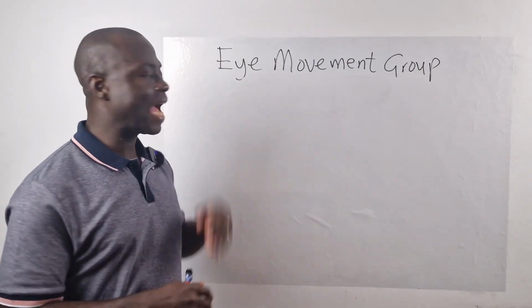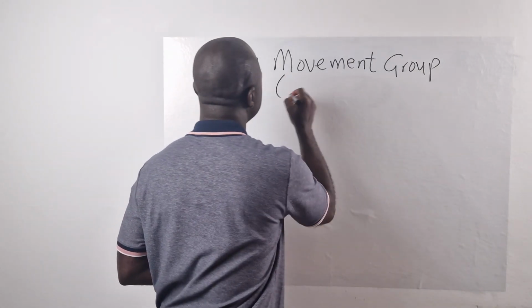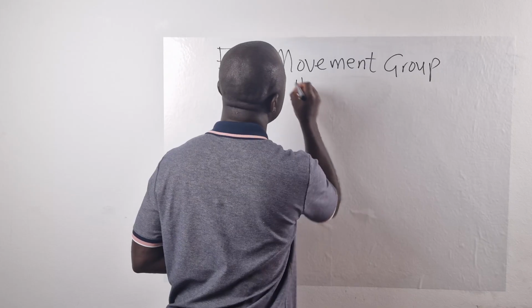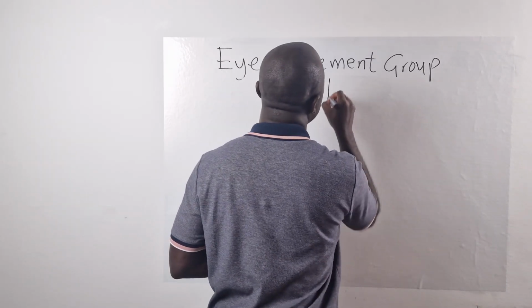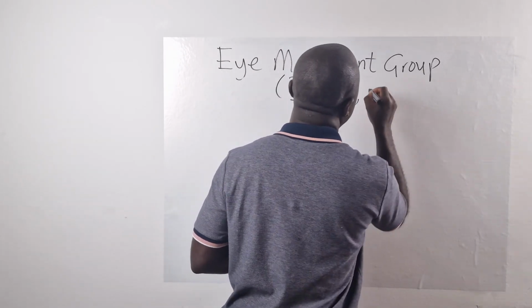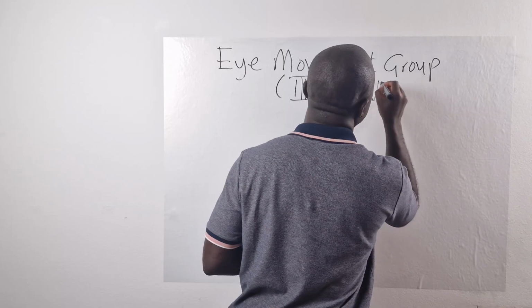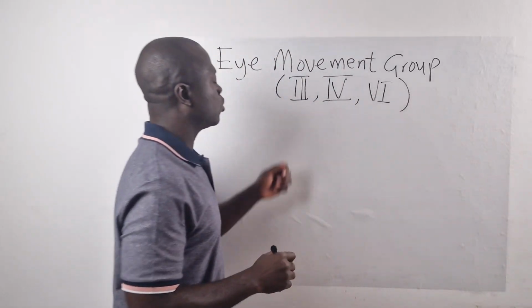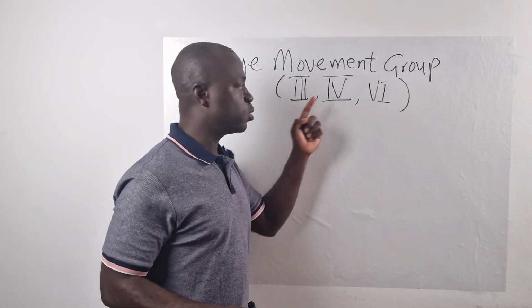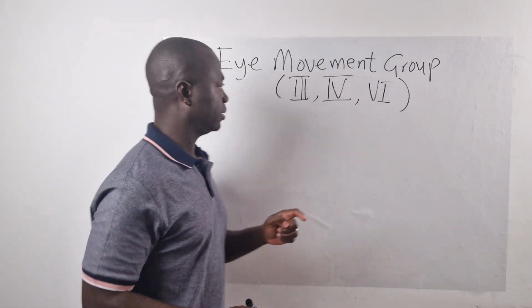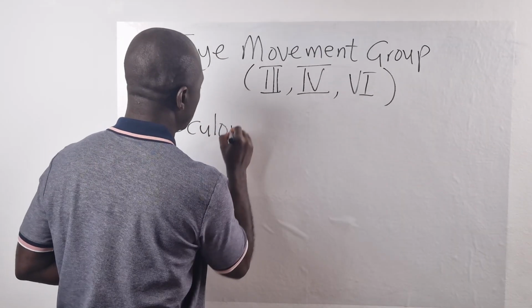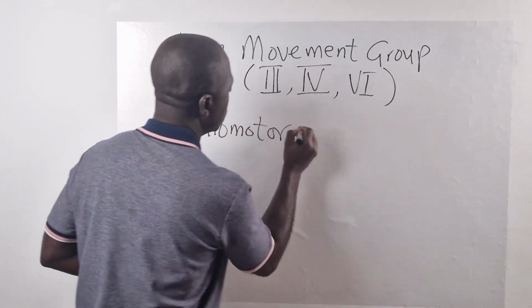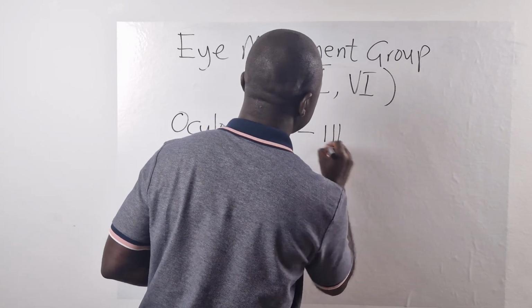Now we are on the eye movement group. And this is made up of cranial nerve 3, cranial nerve 4, and cranial nerve 6. Okay? So the oculomotor, the trochlear, and the abducens. Oculomotor, which is 3.